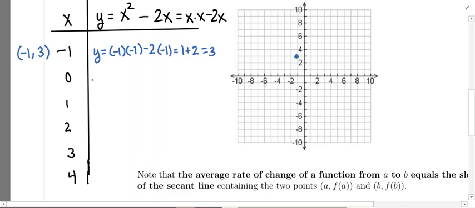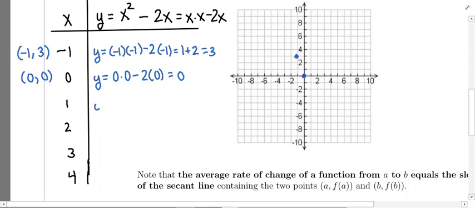Then we just keep doing this. If x is 0, the y value is 0 times 0 minus 2 times 0, which is just 0. So the corresponding point is x equals 0, y equals 0, the origin. The graph goes through the origin.